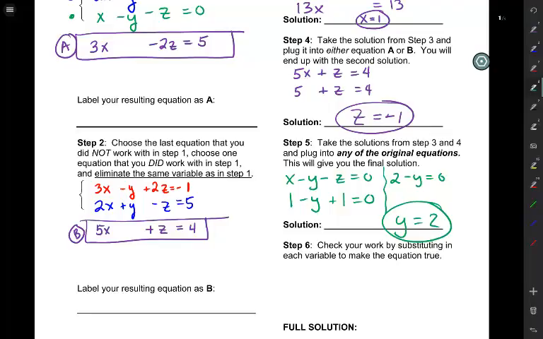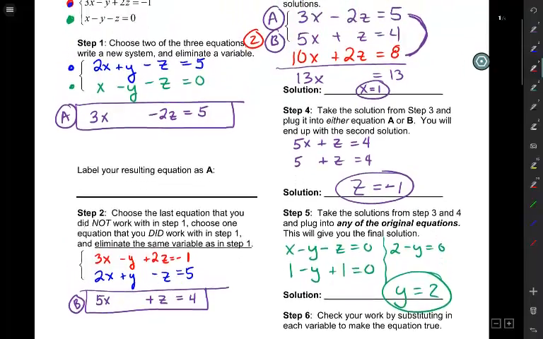So this side, you guys are going to check with the blue equation. Over here, you guys are going to check with the red equation. It should work. Don't plug into the green equation because we know that one's going to work.